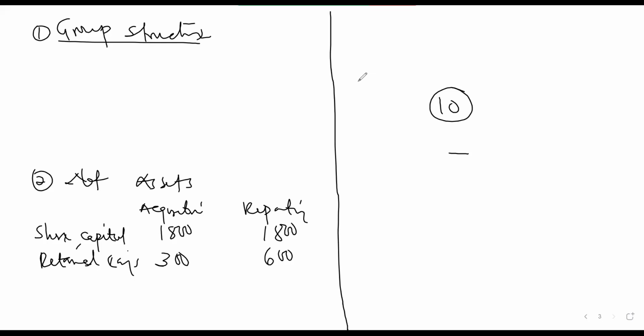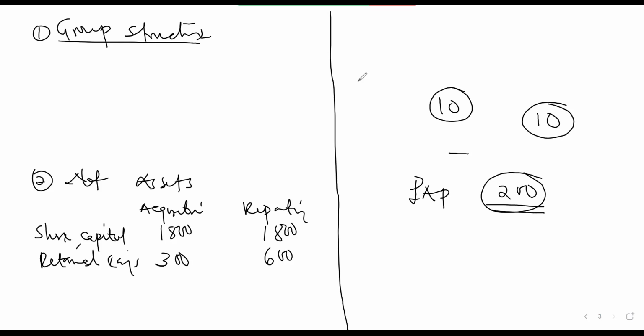So the meaning is that there was a loss during the post-acquisition period that is making the closing balance to be 0. Are you okay? So if your post-acquisition profits in total is 200, if you have subtracted the reporting and also the acquisition, you have gotten 200 as a total. It means that the profit made for the year was actually 210 because the loss for the year has reduced this particular 210 to 200.